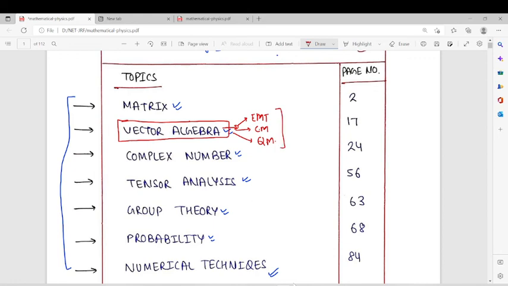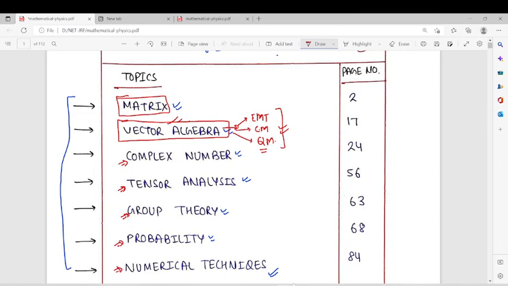So if you are very strong in mathematical physics and especially vector algebra, then you are already strong in these three branches of physics: electromagnetic theory, classical mechanics, and quantum mechanics. After vector algebra, we will discuss matrix. After matrix, we will go for complex number and then tensor analysis, group theory, probability, and numerical technique.